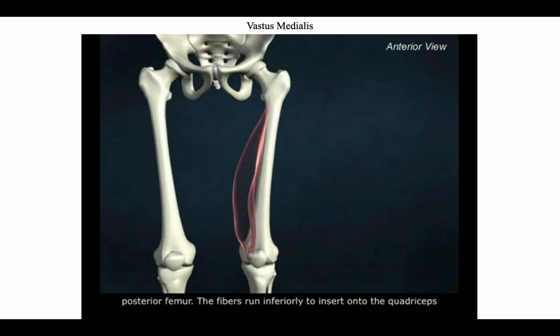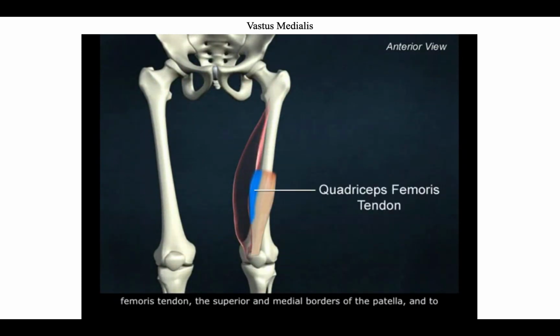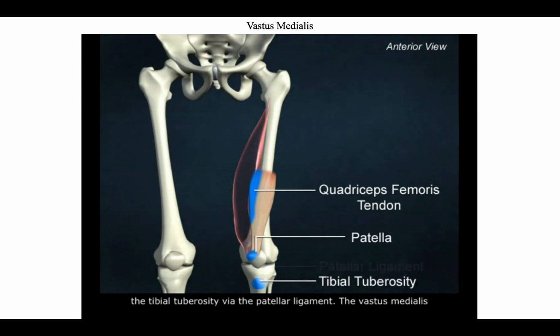The fibers run inferiorly to insert onto the quadriceps femoris tendon, the superior and medial borders of the patella, and to the tibial tuberosity via the patellar ligament.